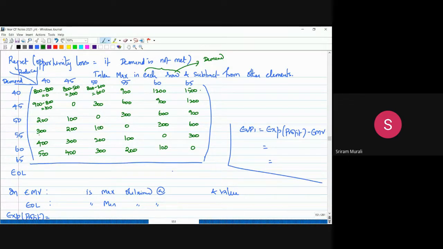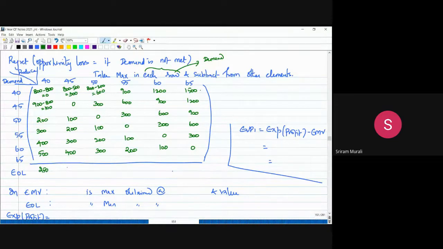If you add everything divided by 6, 300, 600, 1000, 1500, 1500 by 6. $300, 250 sir. 250 sir. 250.